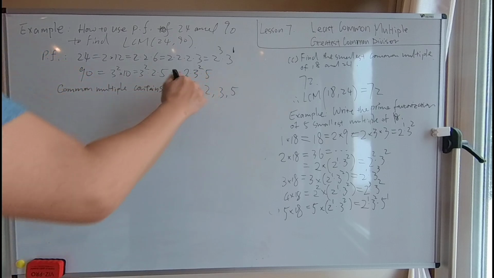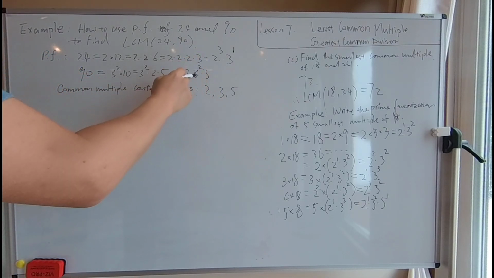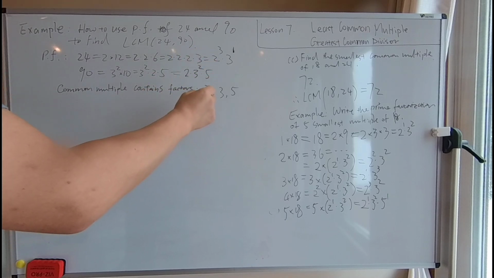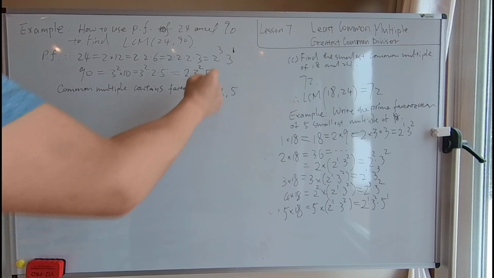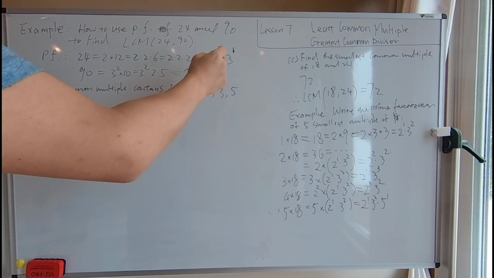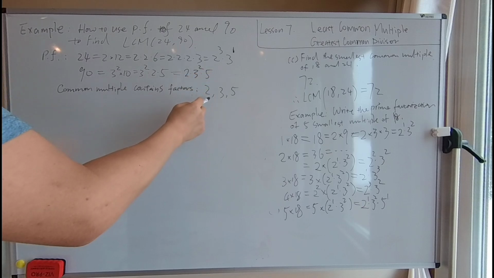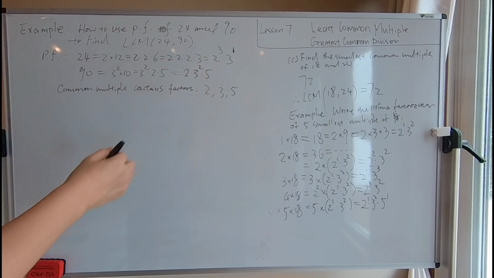In other words, all the possible factors that appear in both prime factorizations should be contained in the common multiple. So I'm taking the union of these two sets, summarizing all the possible factors that appear in either of them.